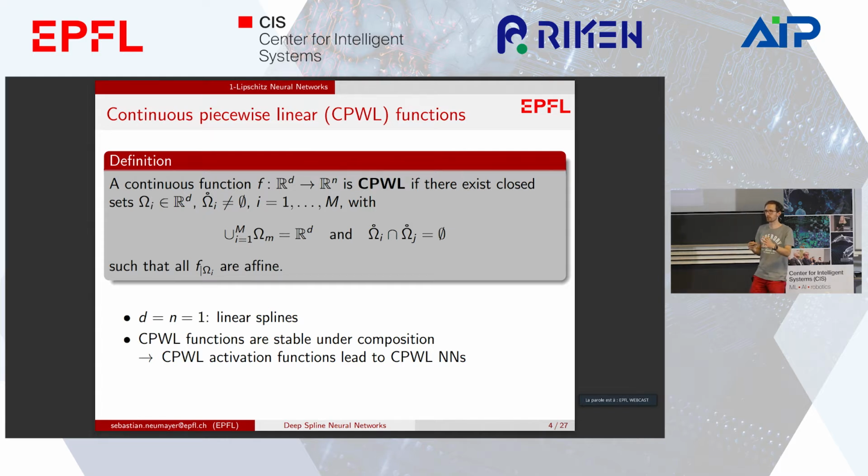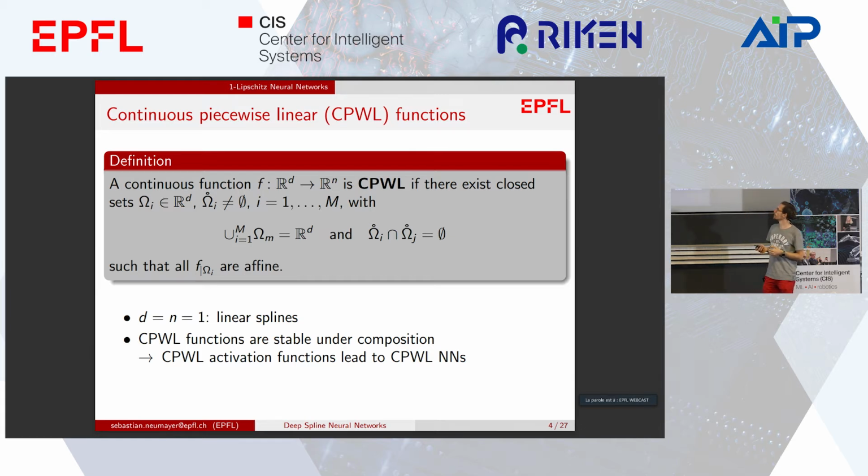So it's just the polyhedra, which are the decision boundaries. And on each of these regions, the function needs to be affine. They don't need to be connected, so the function can be active on two disconnected regions, or they can all be connected. There's really nothing enforced here.